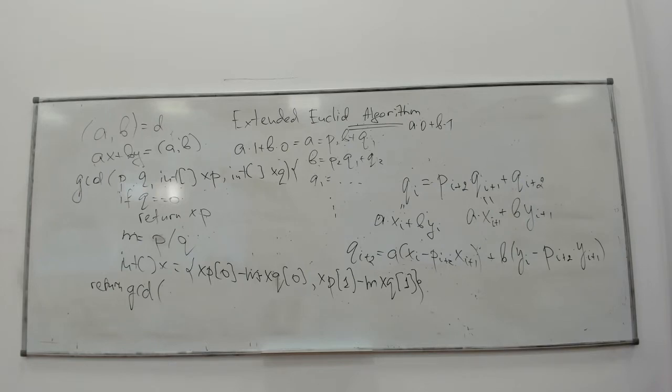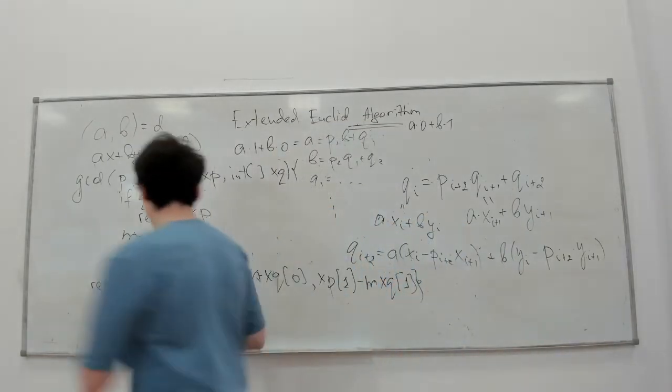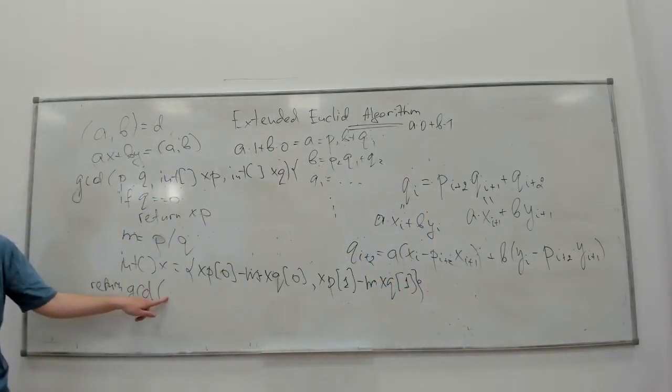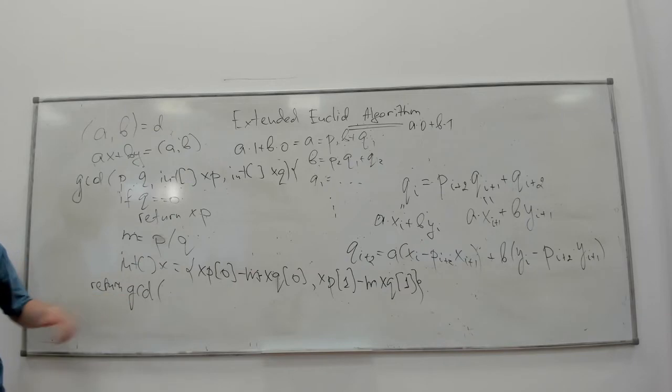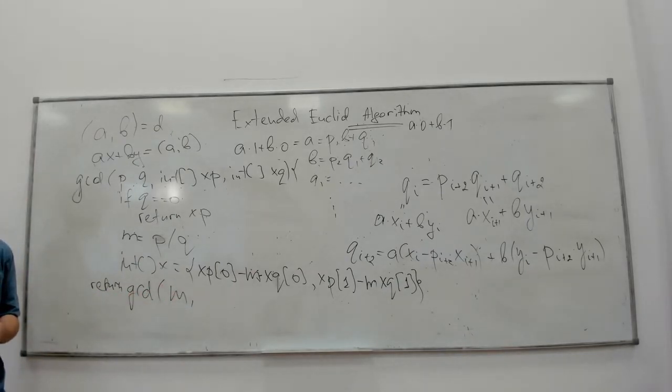Parameters. What parameter? You can write m there in the GCD function. Okay, so the first parameter, what will it be? M. I think it is M. Then the second parameter?